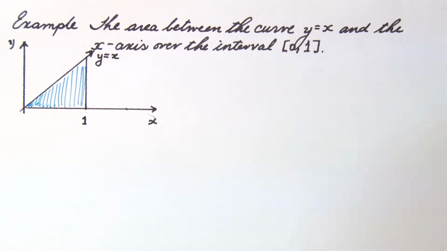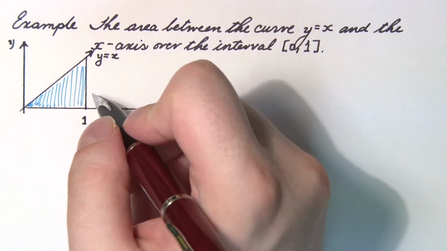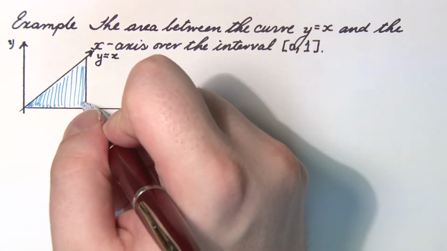Now, you may be looking at that and saying, wow, that looks awfully like a right-angled triangle. This is kind of boring if it would be a right-angled triangle. And the answer is yes. Yes, it is a right-angled triangle.